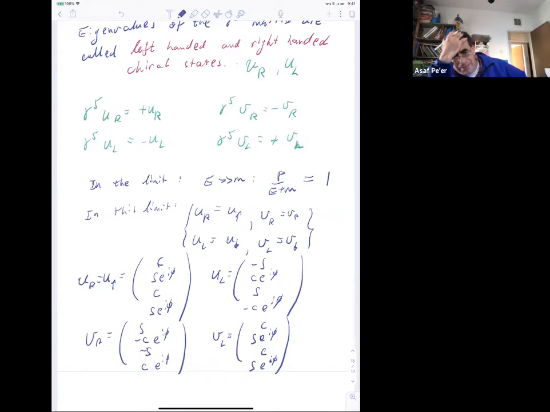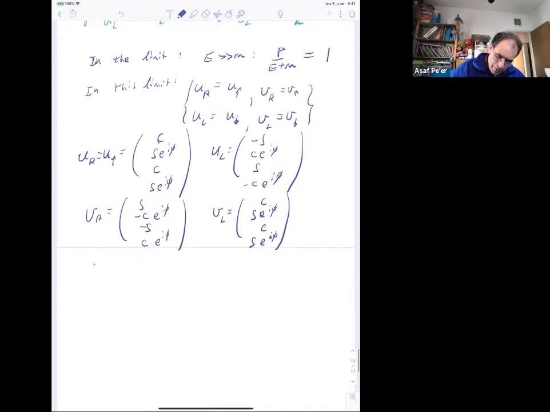Now there is no simple physical interpretation for the property of chirality.